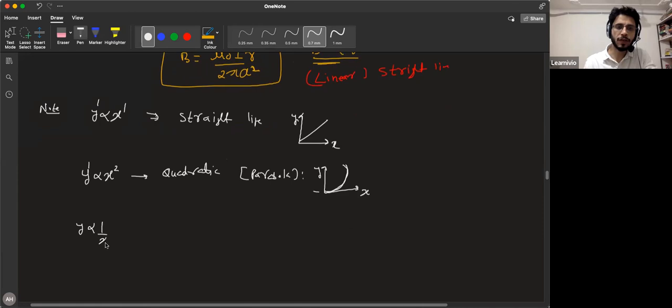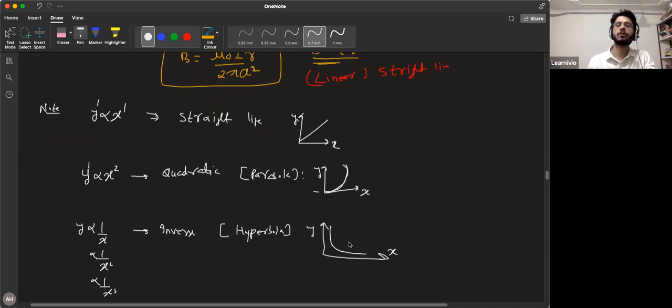But if y goes as 1 by x, or 1 by x square, or 1 by x cube, in all these cases these are inverse relations. The shape is a hyperbola. Hyperbola means this shape. This is x, this is y.